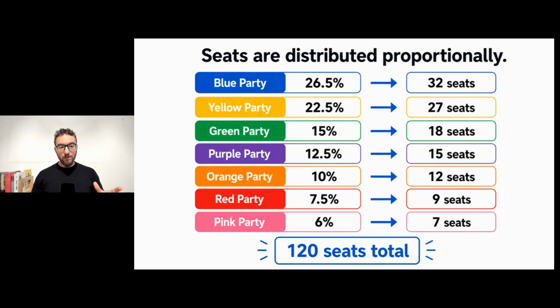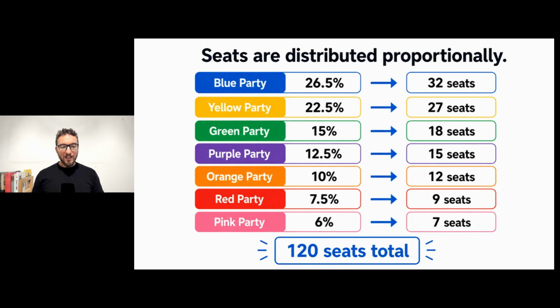So, for example, the Blue Party got 26.5% of the vote, so a little more than a quarter, and they're going to get 32 seats out of 120, a little more than a quarter of the seats. Now, the divide that we have up here in this example is very simplified.